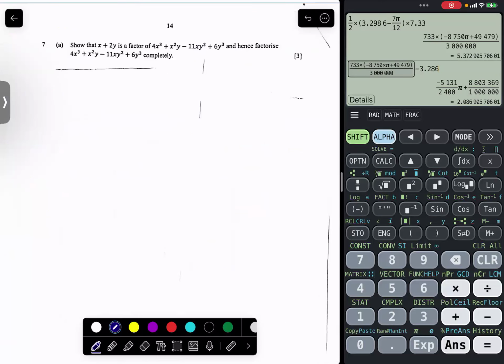Show that x plus 2y is a factor of 4x cubed plus x squared y minus 11xy squared plus 6y cubed. So f of negative 2y equals 4 times negative 2y cubed plus negative 2y squared times y minus 11 times negative 2y times y squared plus 6y cubed.